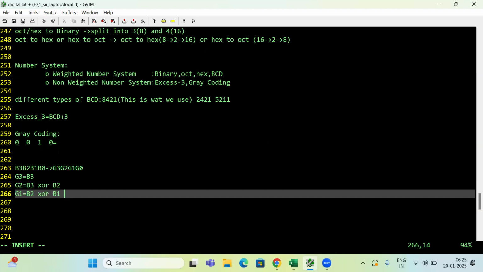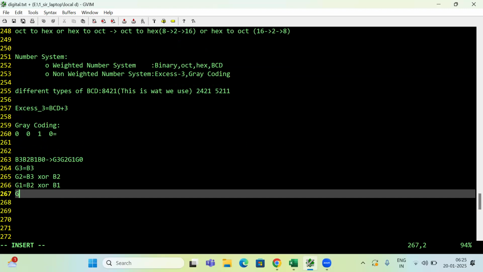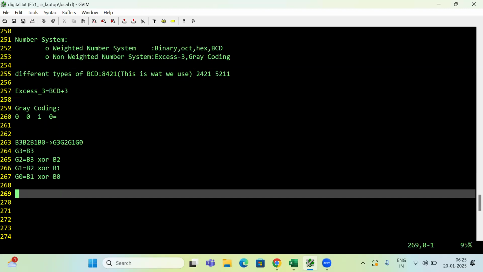G1 equal to B2 XOR B1, G0 equal to B1 XOR B0. So we have also learned binary to gray conversion. Quickly, if you remember, I have given you one shortcut here also.